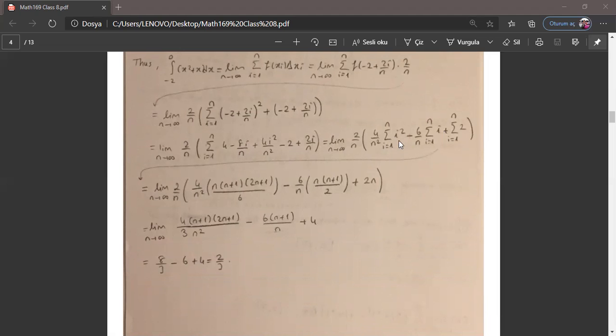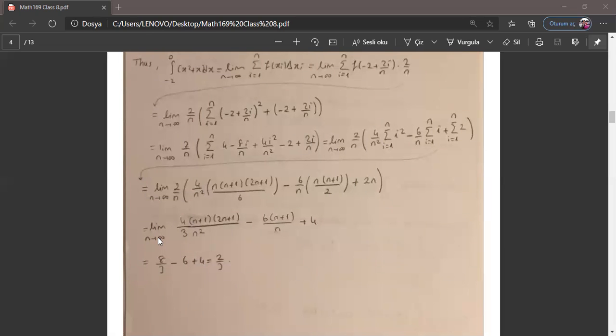Now we know the sum of i squared is given by this formula, as I noted before. And the sum of i is n times n plus 1 over 2. And this we add 2 n times, so it is clearly 2n. Now we multiply 2 over n by distributing it into the parentheses, so we get this.